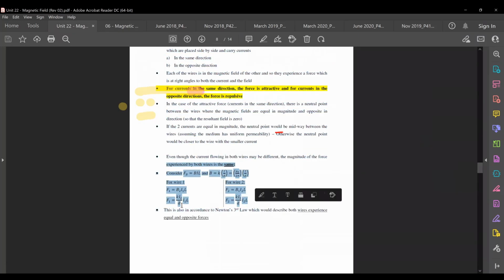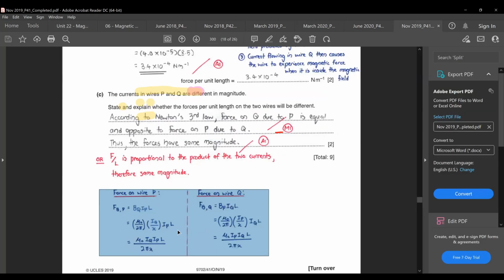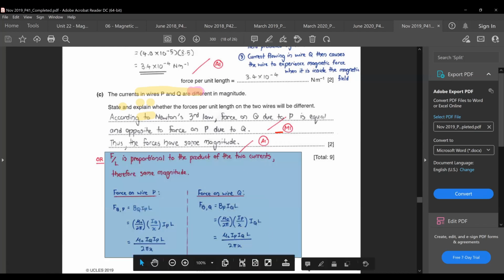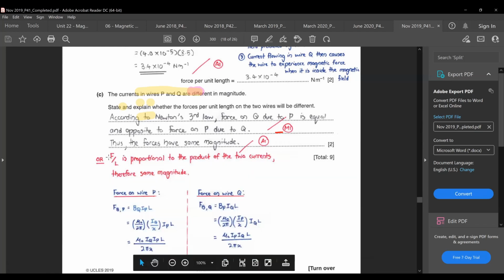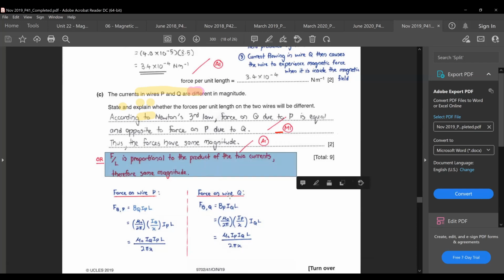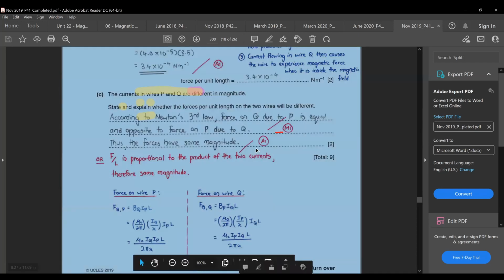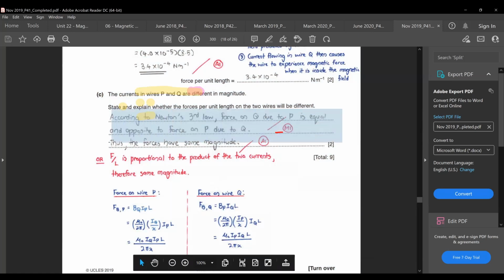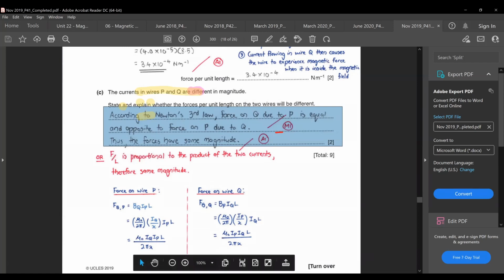I managed to show you F1 and F2 actually have the same expression, and they're always the same as they're always directly proportional to the product of the currents. Your answer here is saying that, okay? But usually I wouldn't use this answer. This one is a bit complicated. Although you can write it, it is a bit hard to understand unless you derive it. I would say saying Newton's third law is the easiest one. Okay? All right, so this one is okay.